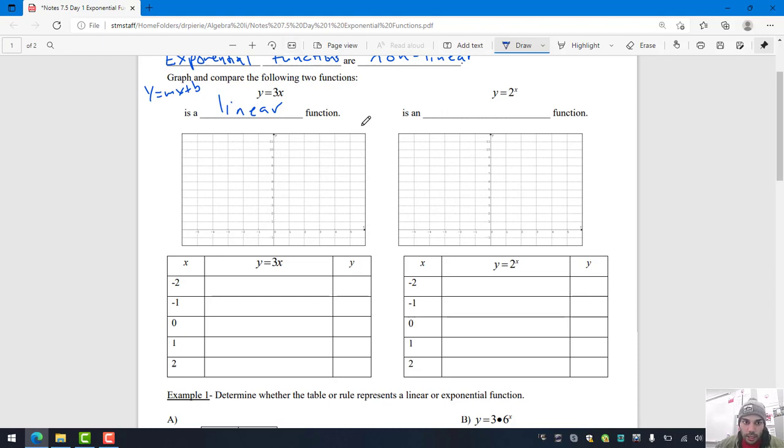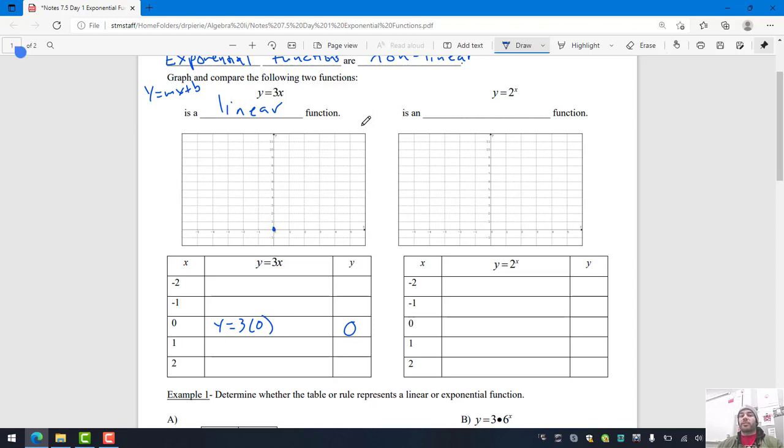If I plug in 0 for x, I'd get y is equal to, and wherever I see an x, I plug in a 0 to get my first point: 3 times 0. When I plug in 0 for x, what do I get back for y? Well, 3 times 0 is equal to 0. So what I know is that (0, 0) is one of the points on this graph. And let's plot it. (0, 0) is right here.